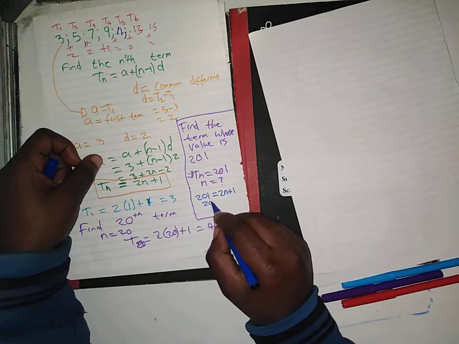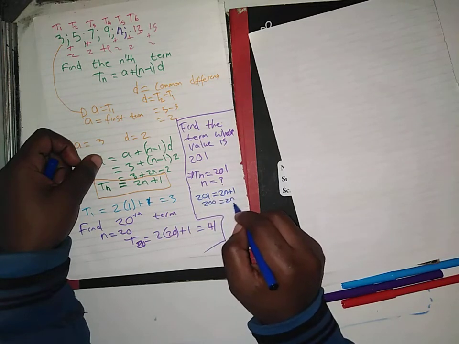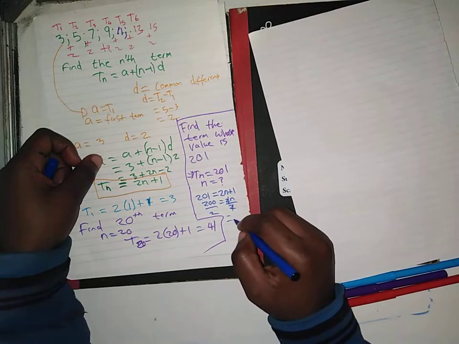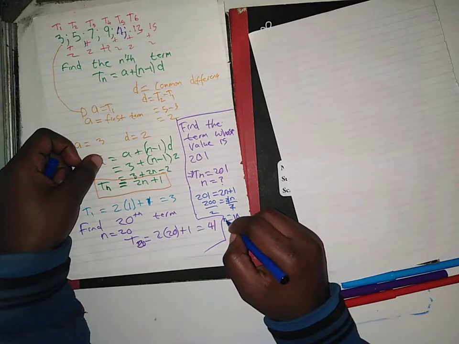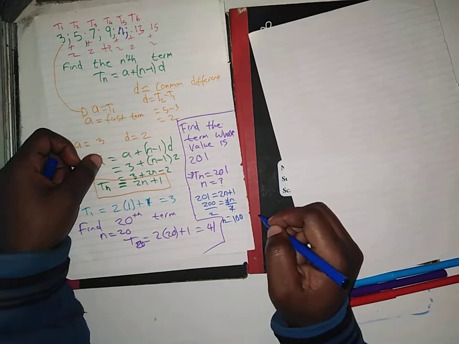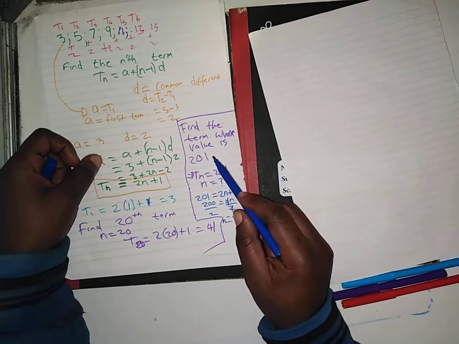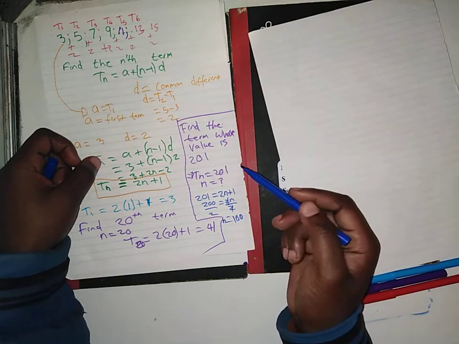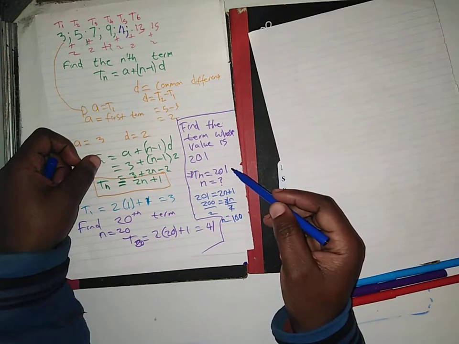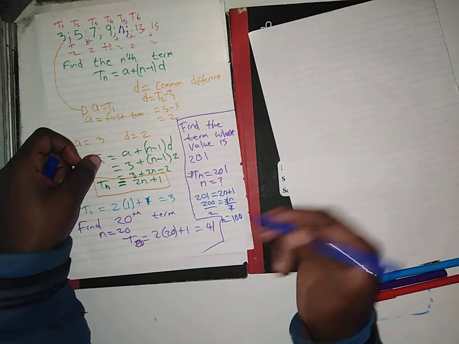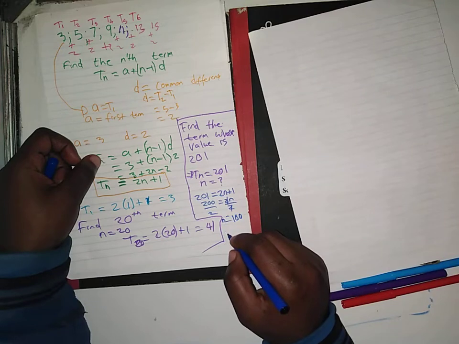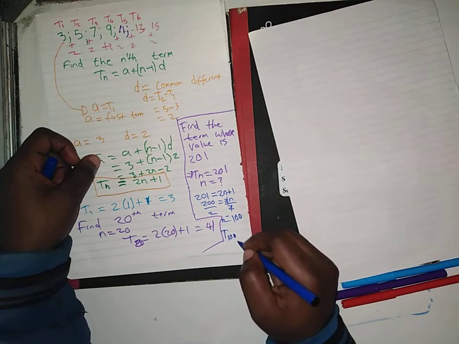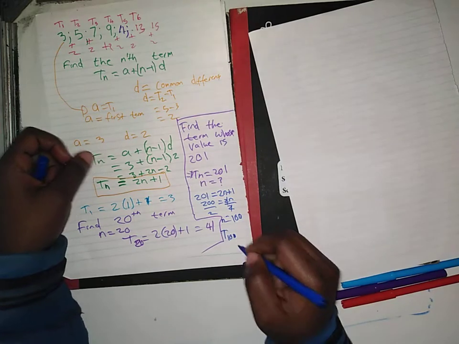So we've got 200 is equal to 2n, and then we divide by 2, this cancels this, and then n is equal to 100. So what is the term whose value is 201? It is the term where n is 100. So which term is that? It is T100. Wonderful.